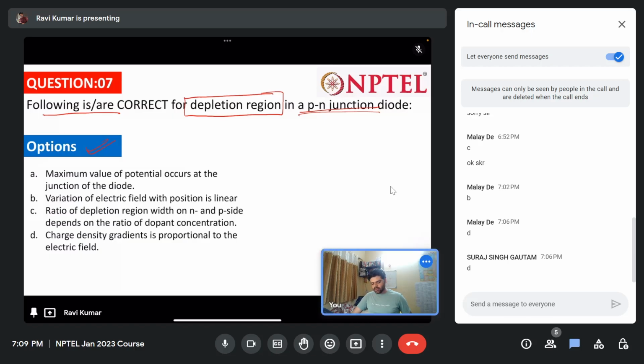Variation of electric field with position is linear. Ratio of depletion region width on N and P side depends on the ratio of dopant concentration. Charge density gradient is proportional to the electric field.